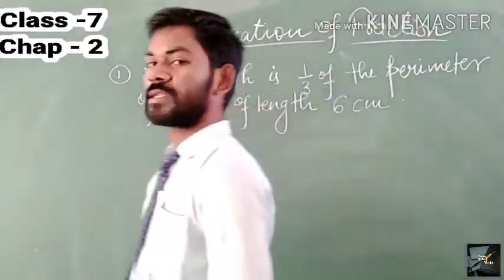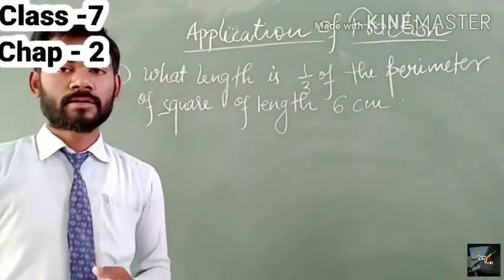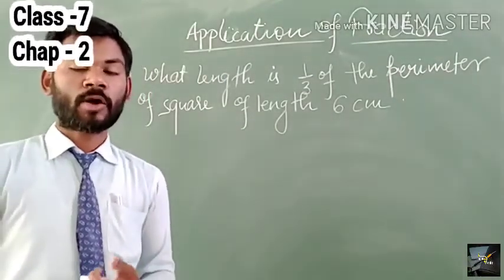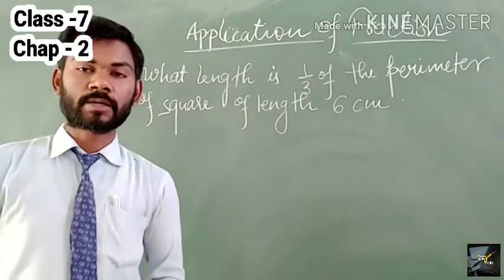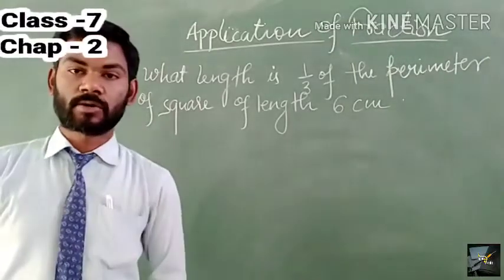The question says, what is the 1/3 length of the perimeter of a square whose side is 6 centimeter long.